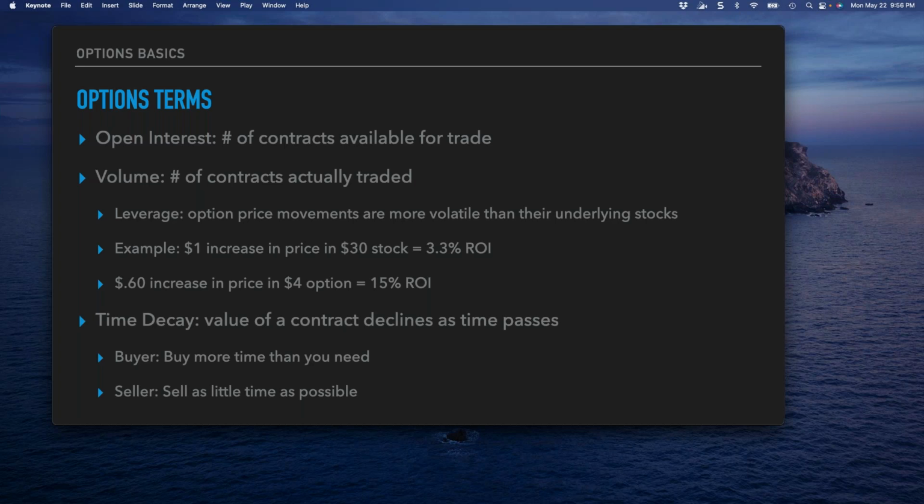Since Rebel Income is built around being an option seller, time decay is an element that provides an advantage to our system. In fact, I think of time decay for an option seller as being the counterpart to leverage, the equalizer for the selling side of the transaction that leverage provides for the option buyer.